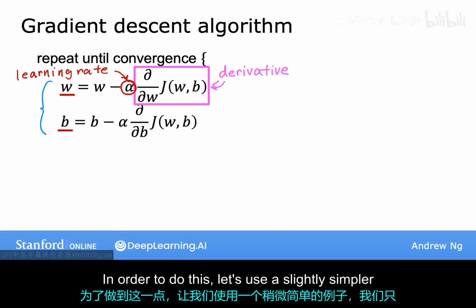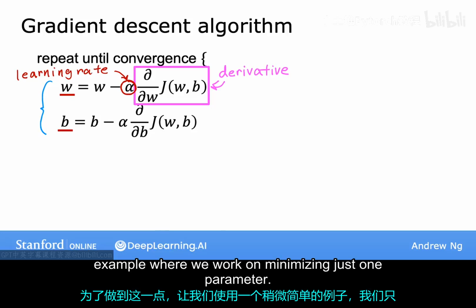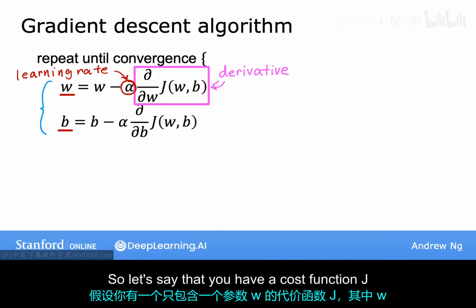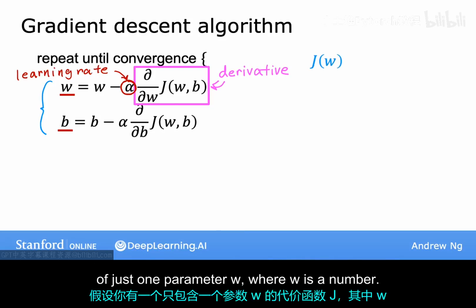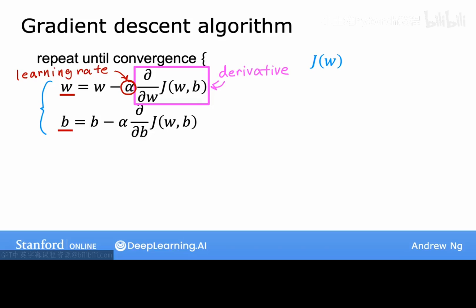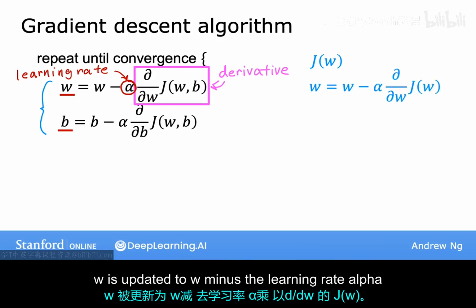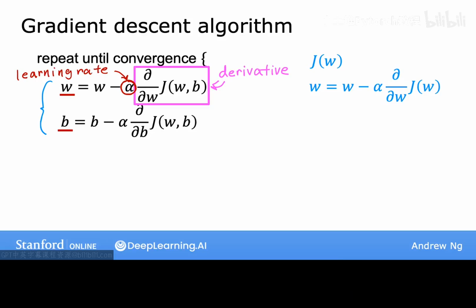In order to do this, let's use a slightly simpler example where we work on minimizing just one parameter. So let's say that you have a cost function J of just one parameter w, where w is a number. This means that gradient descent now looks like this. w is updated to w minus the learning rate alpha times d over dw of J of w.